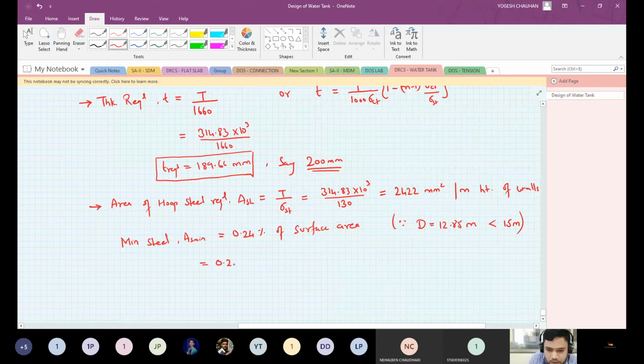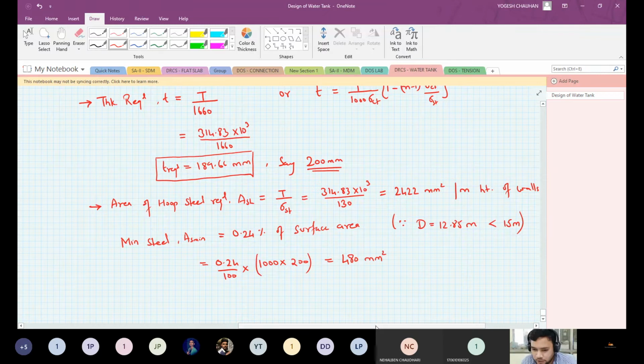So it is 0.24 divided by 100 into the surface area, that is 1000, the width per meter, because we are finding it per meter, into the thickness, that is 200. So this is 480 mm square.